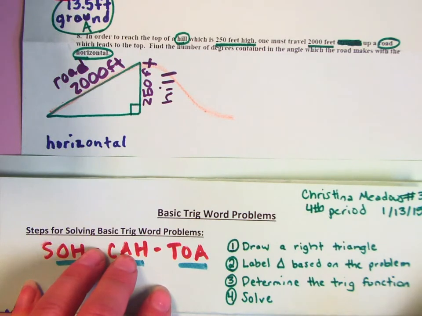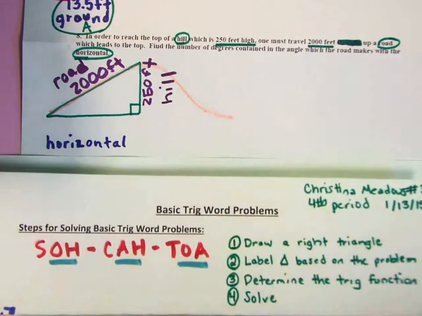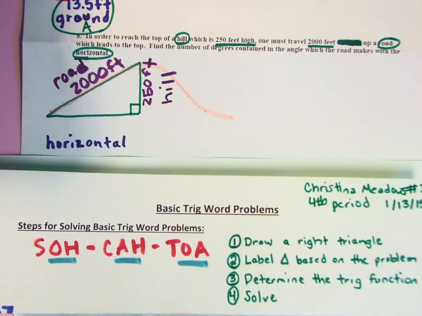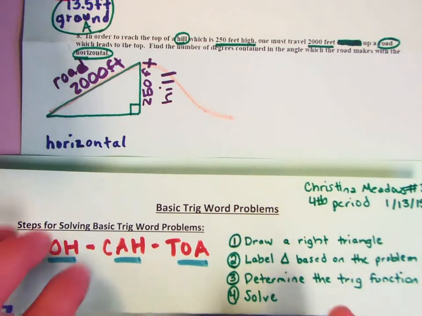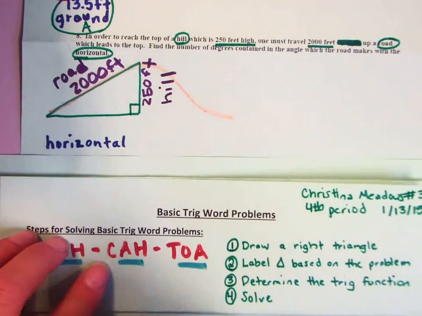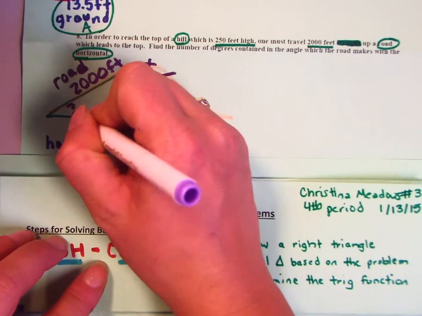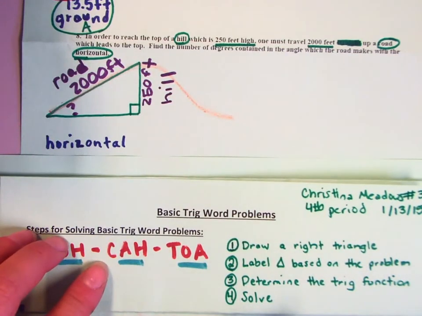And we want to know the number of degrees contained in the angle which the road makes with the horizontal. So road and horizontal, we want to know the number of degrees of this angle. So now we need to label.